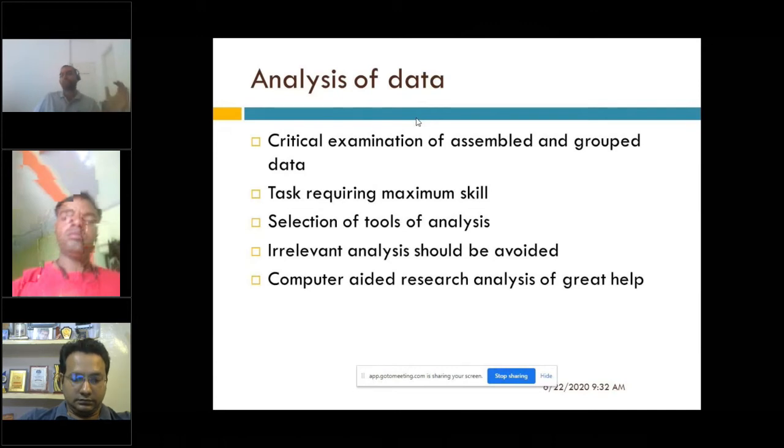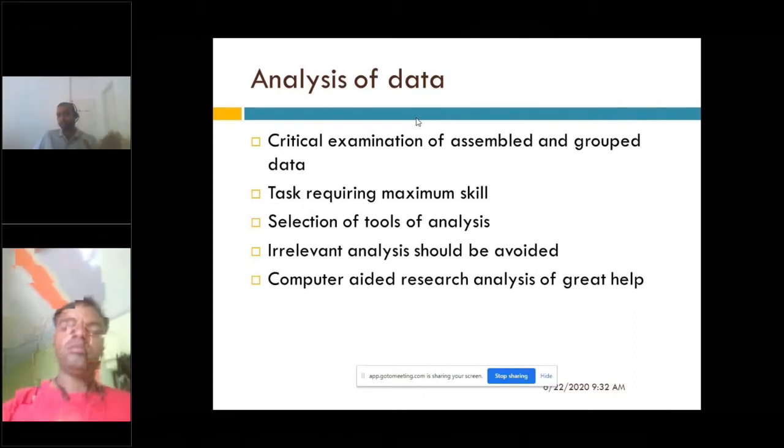Selection of tools of analysis. Which type of tool we are going to use? So many statistical techniques we can use, so many tests we can use. So we have to understand, and most importantly, whatever analysis we are going to make at this stage, we should have in mind while we are going to devise our questionnaire.